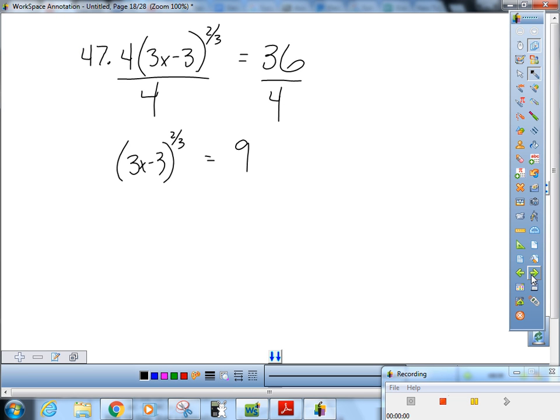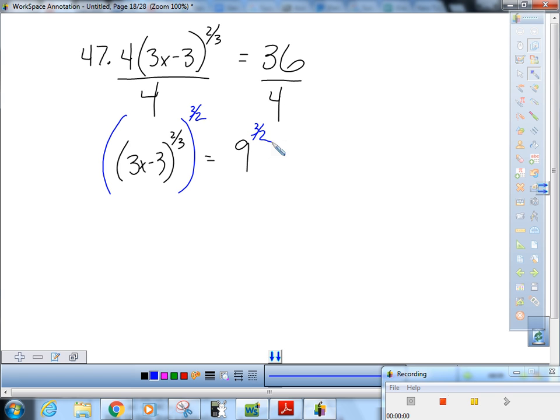What we want to do here is get something to the first power. This to the 2/3 power is confusing us, or it's intimidating us, or both. So we want to get rid of it, so we get rid of it by taking it to the 3/2 power. Because anytime you multiply by the reciprocal, you get 1. But I can't just go around taking one thing to the 3/2 power, so I also have to take 9 to the 3/2 power.